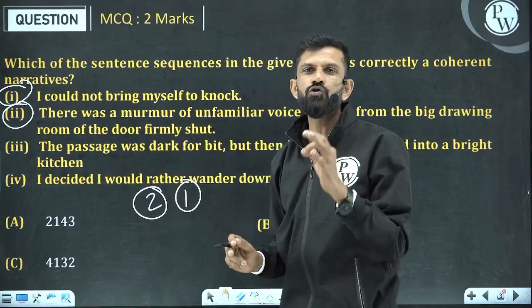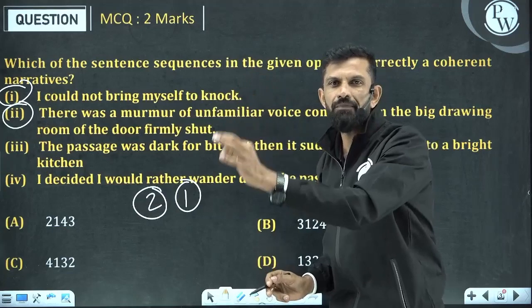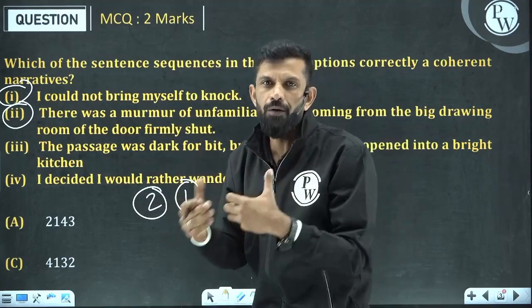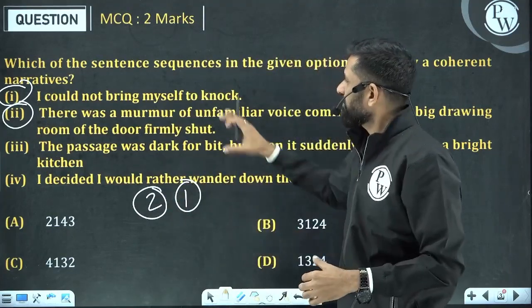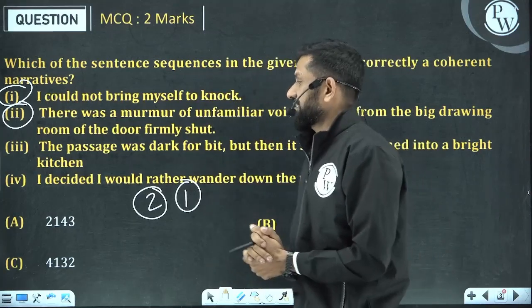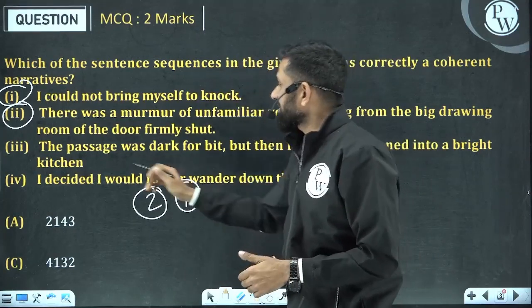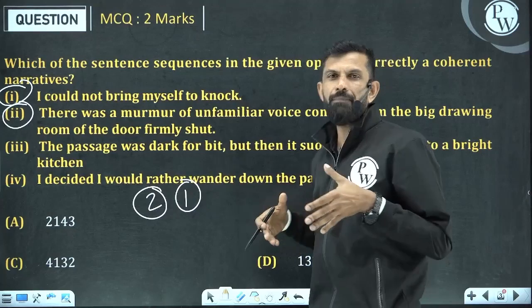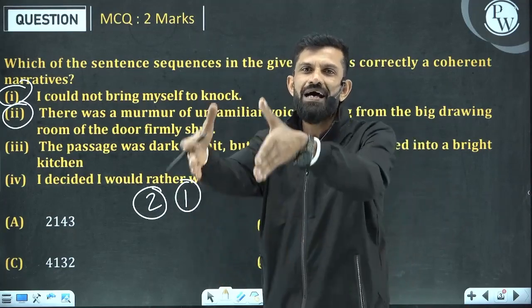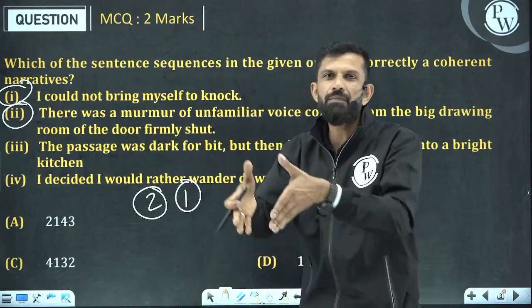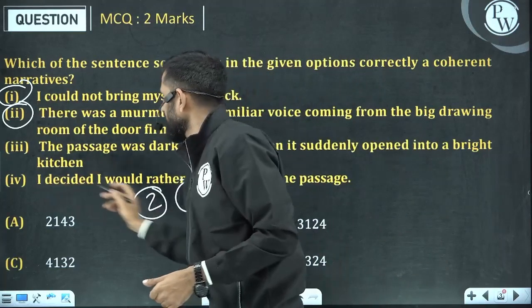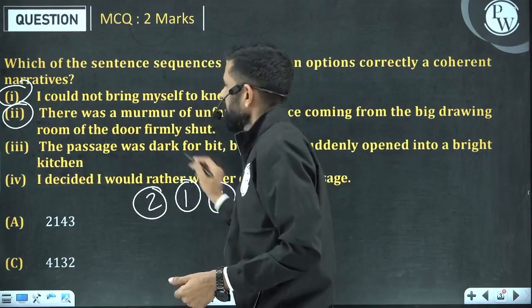Next, what he did: I decided I would rather wander down the passage. So he decided he'll go through the passage and check it out. So third it will come: this fourth sentence.